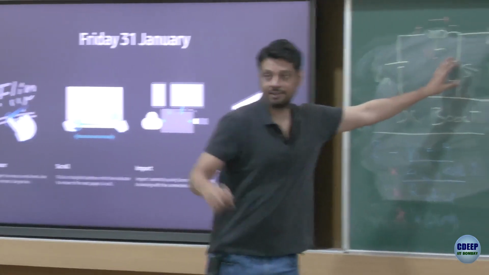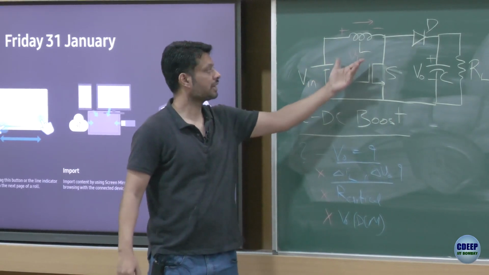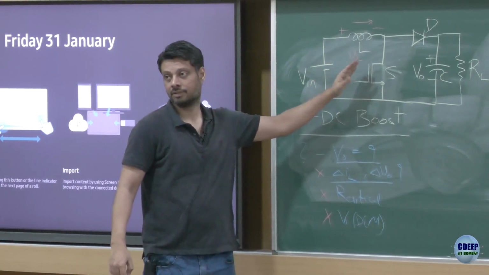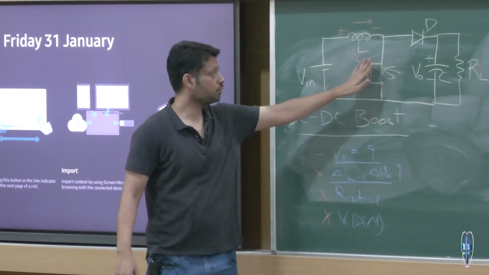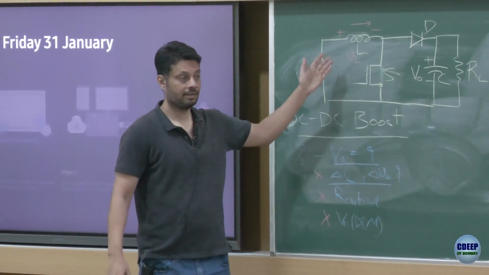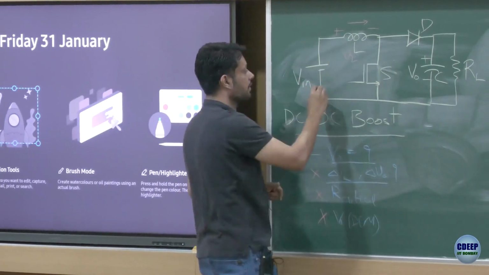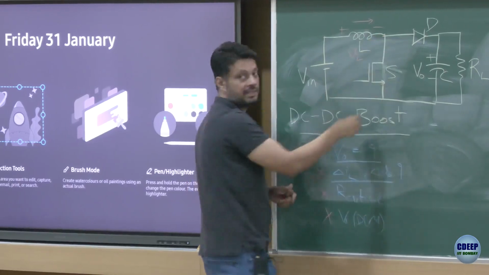When this switch is on, voltage across inductor is V in, right? Because this is short circuit, so you can write KVL in this loop. So 0 plus V in minus VL is equal to 0, right?